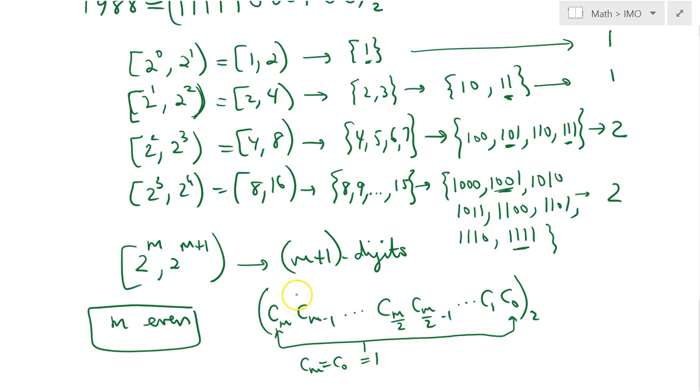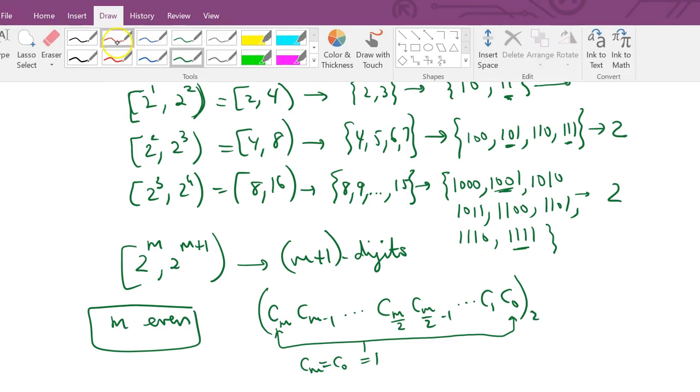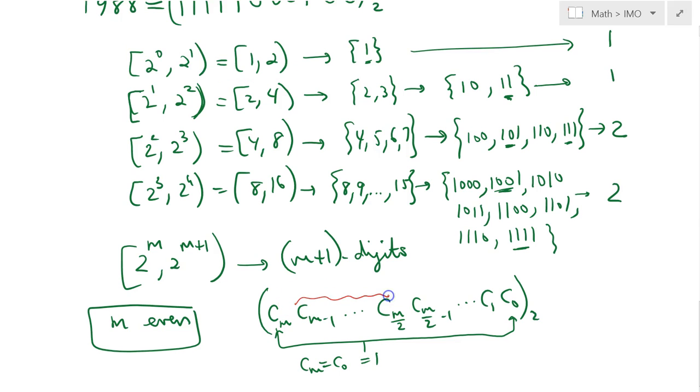But then for the remaining terms, all these terms are matched to these terms here. Sorry, this guy is in the middle. So there's a middle term because we have an even sequence, right? So there's an m over 2 plus 1 term here.